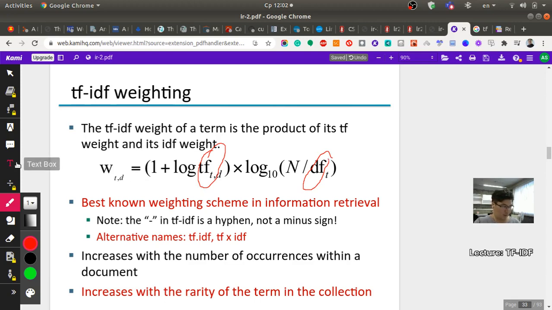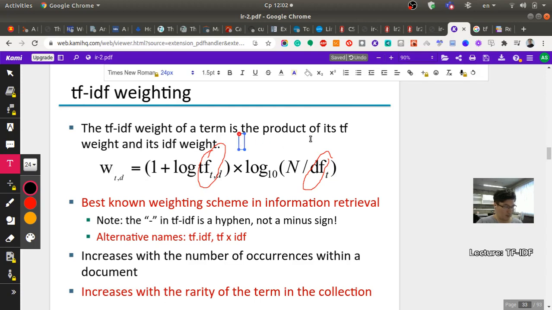So TF is how many times the term occurred in this document.